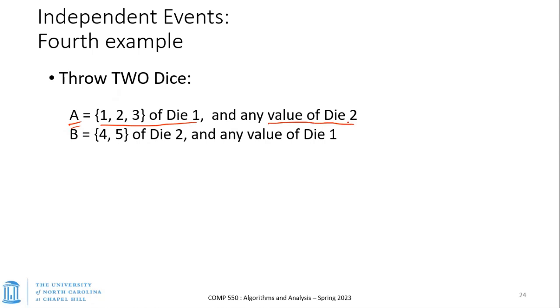So A is only defined on the first die, and B is only defined on the outcome of the second die. So it's the same experiment. You've thrown 2 dice, and you're defining event A as the outcomes of either 1, 2, or 3 of the first die. You don't really care about the second one. And B is defined as the event of some set of outcomes on the second die.